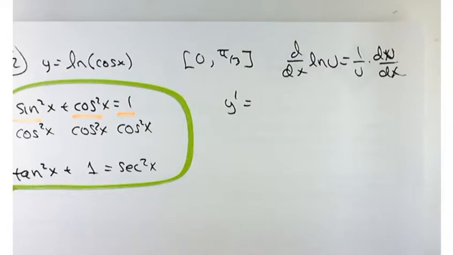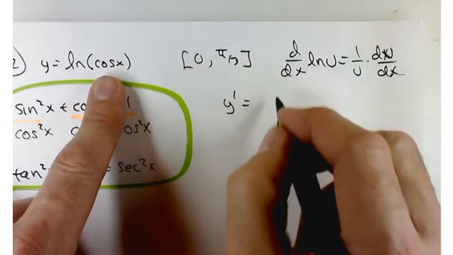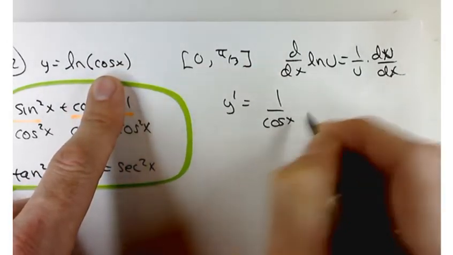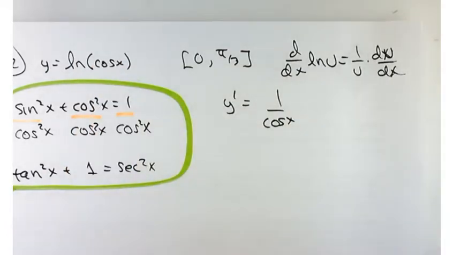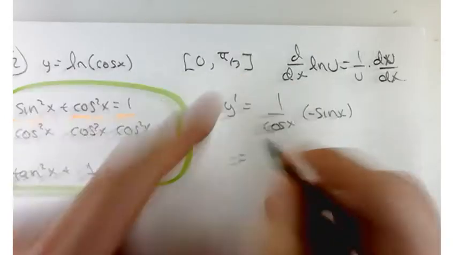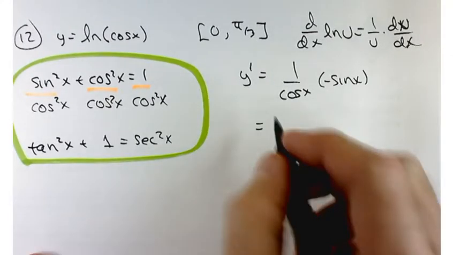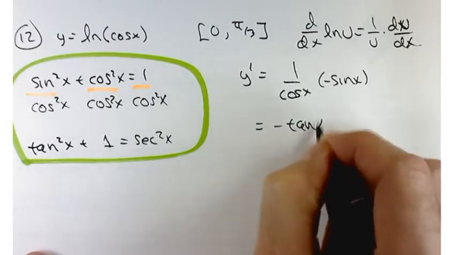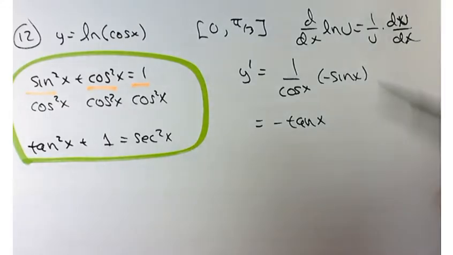You'll start out by getting 1 over cosine of x times the derivative of cosine x. What's the derivative of cosine x? Negative sine of x. Can anyone simplify that for me? Thanks, Hans. Negative tangent of x. Thanks, Hans, and a few others there. Okay, great. That's all I needed.